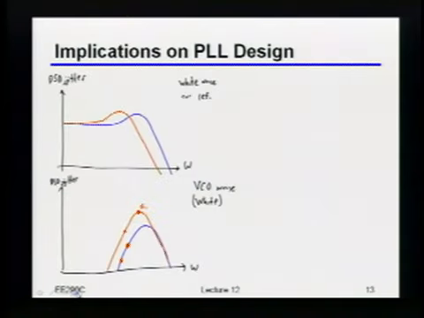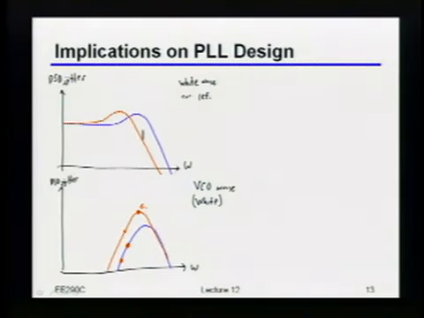Or to say it another way, by the time I get to this point, the loop gain in front of the VCO was for all intents and purposes 0 anyway. So now all that's happening here is I'm getting the natural noise from the VCO, even if I didn't have a PLL there in the first place. That's why these overlap and these don't. Does that make sense? It's a good question.